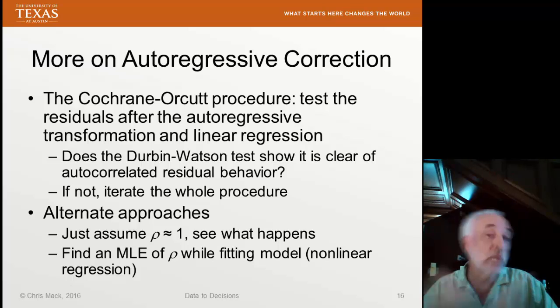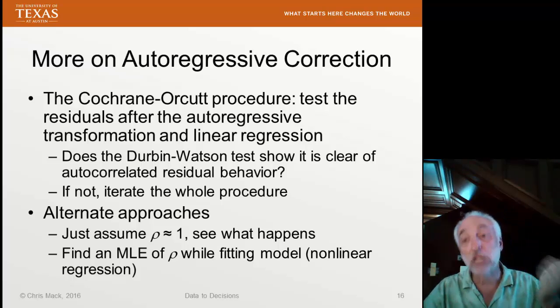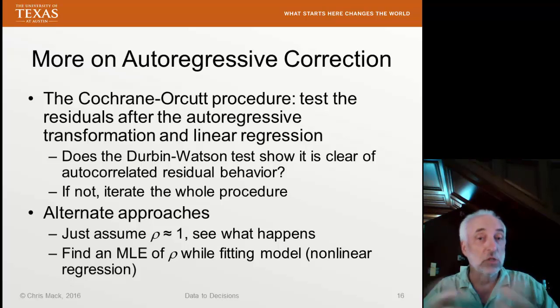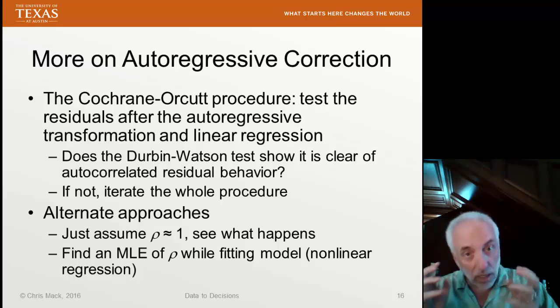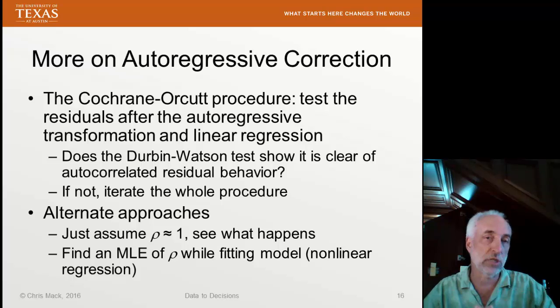If it does, we can iterate the whole procedure again. Or we can go back and try a larger value for the correlation coefficient and see if that fixes the problem. So we can play around with the correlation coefficient until we get a Durbin-Watson test showing that there's no correlation left.